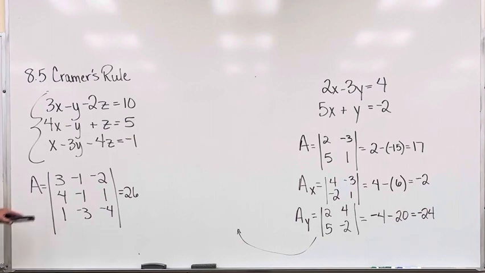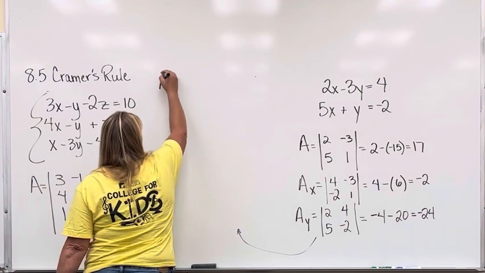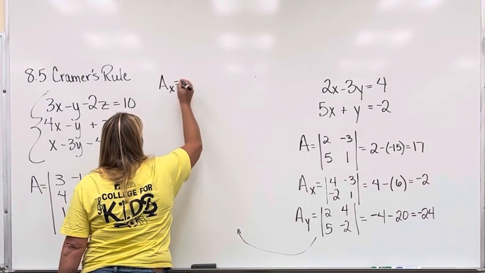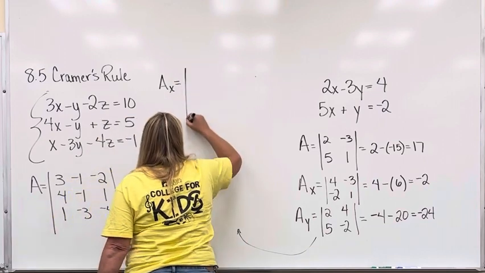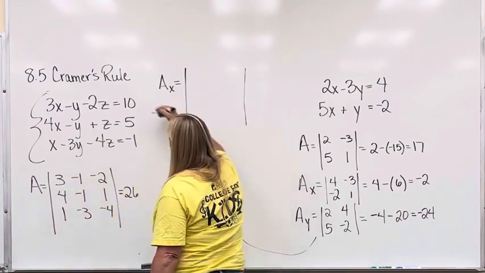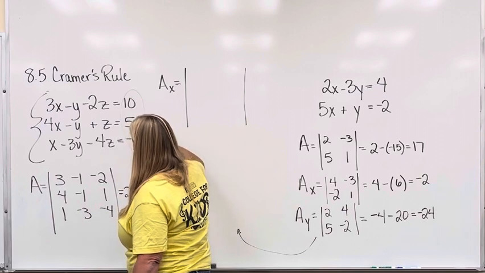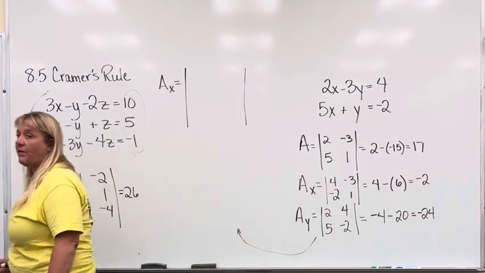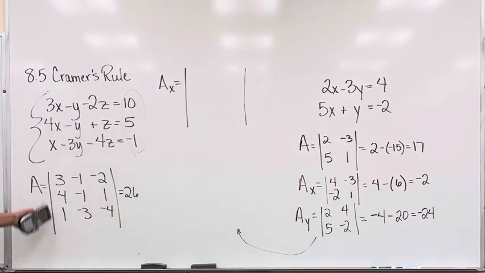All right, now we need to do a sub x. So for a sub x, we're taking these numbers here and we're going to replace them for the first column.